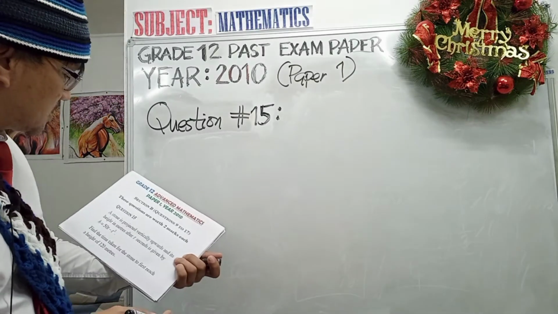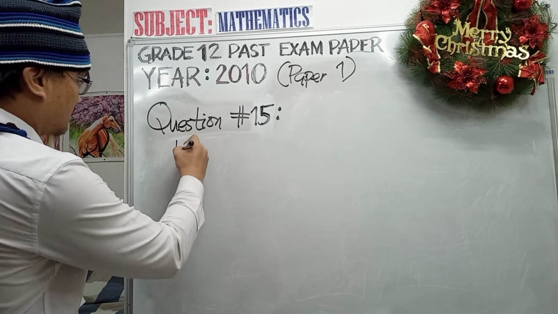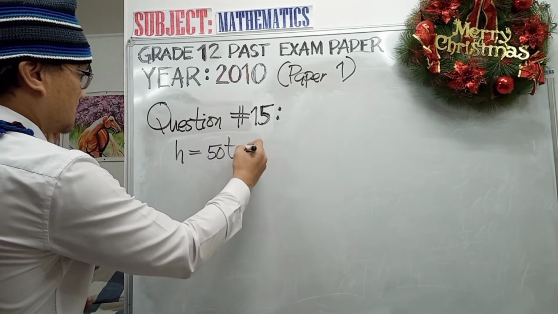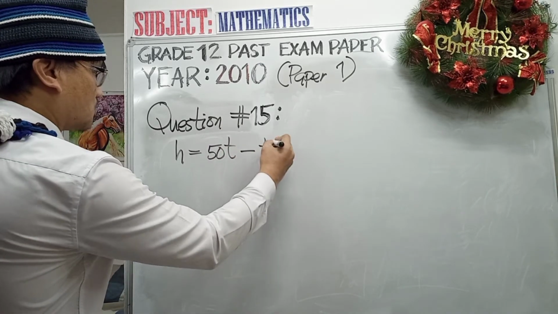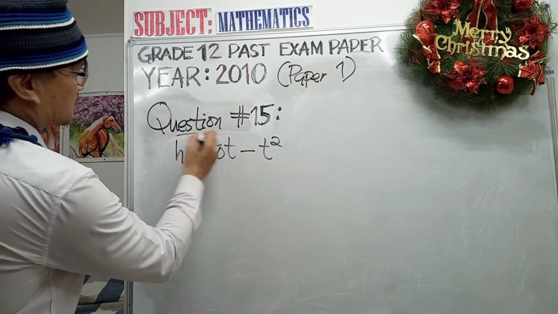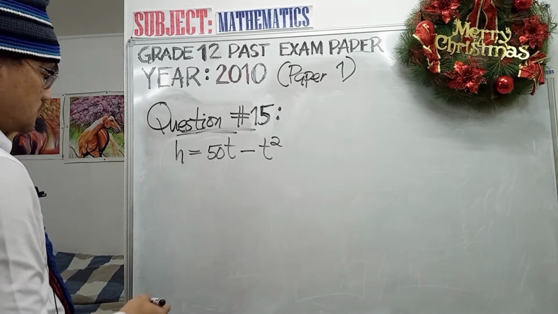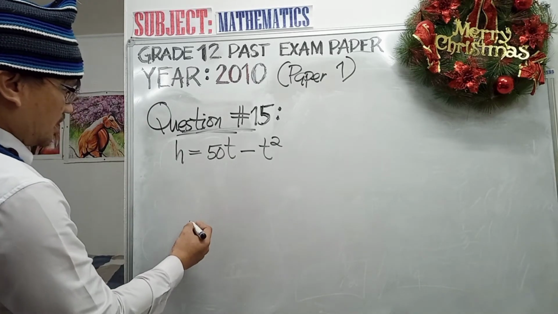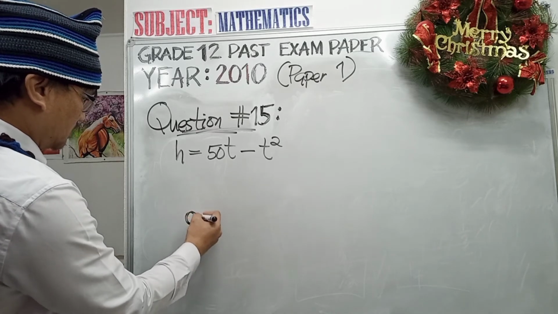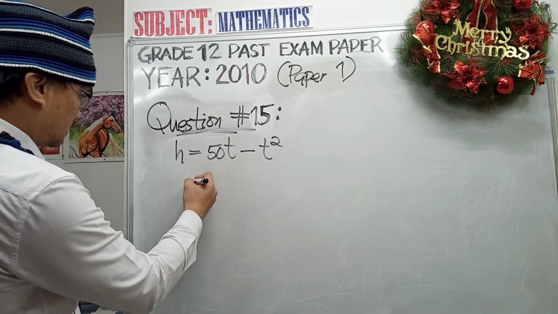So now let's rewrite here the function, the height is equal to 50t minus t squared. This is the function. The diagram of this is a ball thrown vertically upward.